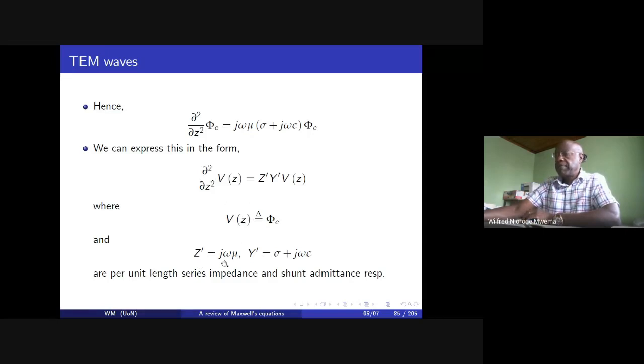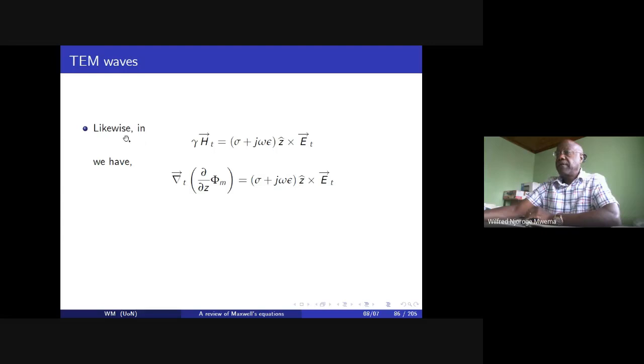The z prime is just j omega mu, and y prime is sigma plus j omega epsilon. These are the per unit length series impedance and the shunt admittance per unit length of the line. And likewise, for the magnetic field, we can do the same.